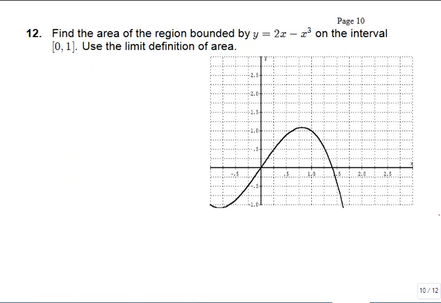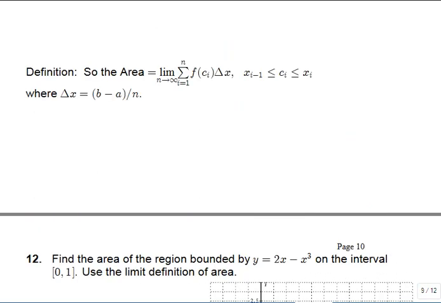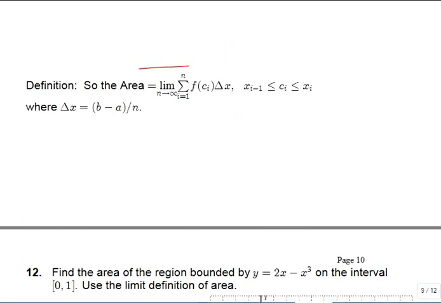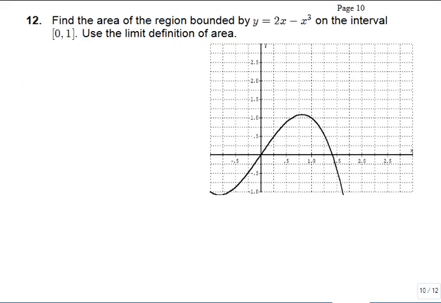So let's find the area of the region bounded by 2x minus x cubed on the interval 0 to 1. Use the limit definition of area. That's what this is right here. This is called the limit definition of area. So what you have to do is chop up your function into n rectangles, and then take the limit of that area as n goes to infinity.